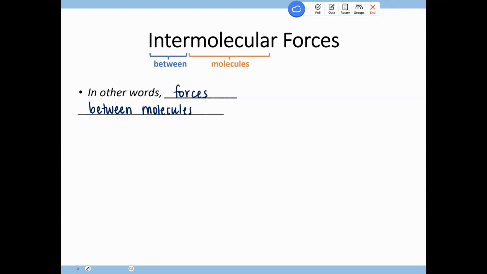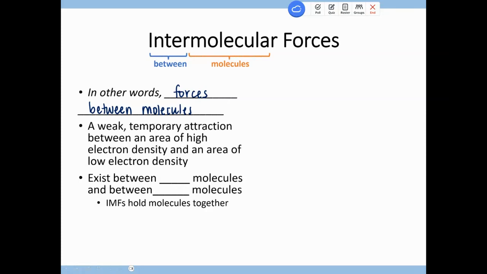This is a temporary attraction that occurs between an area of high electron density on one molecule and low electron density on the other. And these exist between liquid and solid molecules.